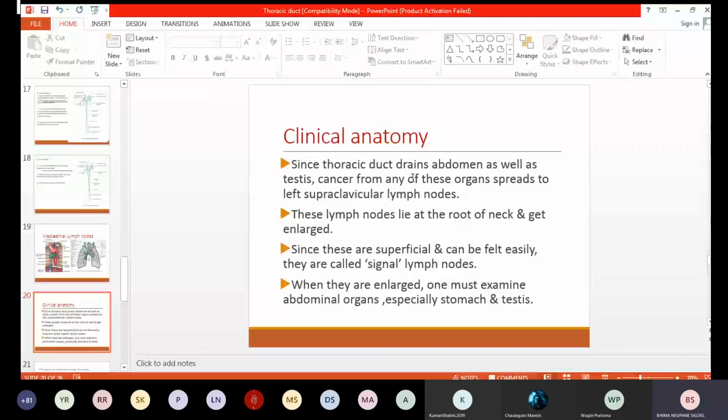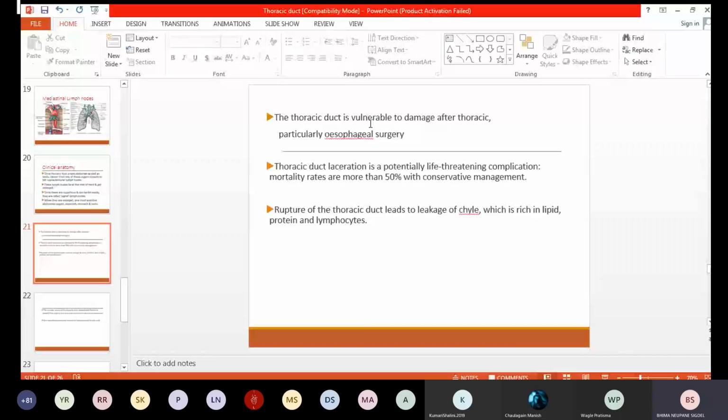After that, the thoracic duct, as we have mentioned, has a very thin wall and lies very close to the esophagus. During surgery of the esophagus, because of its turning and twisting orientation, you can see that before it was posterior and somewhat on the right side, and again it changes its course from the midline towards the left side.